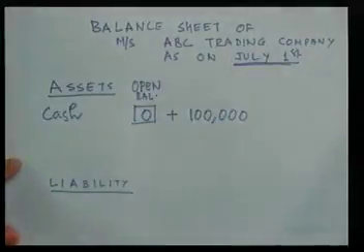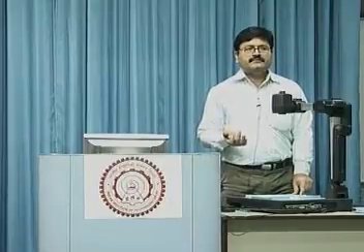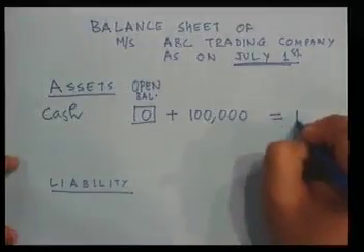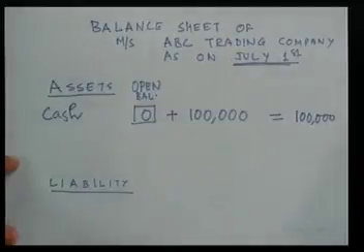So my opening balance for the company as on July 1st was 0. Now the assets have increased by 100,000. That means the company is owning a cash of rupees 100,000. So this is as far as assets are concerned as on July 1st.